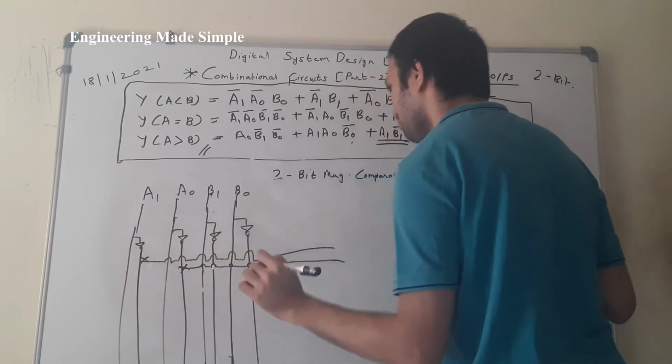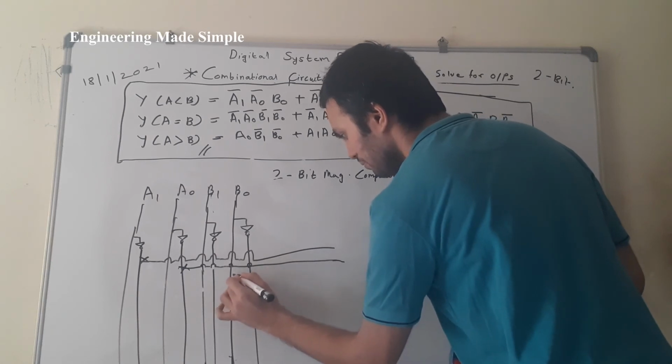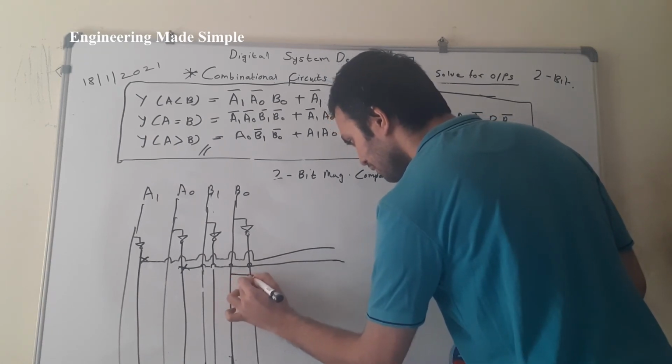This is A1 bar A0 bar multiplied by B0. Now where is B0? B0 is over here. Let us take it.